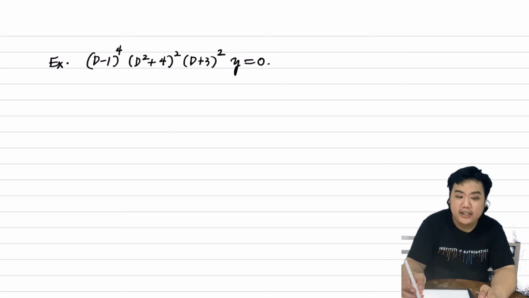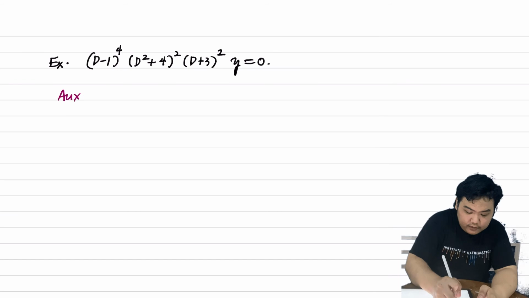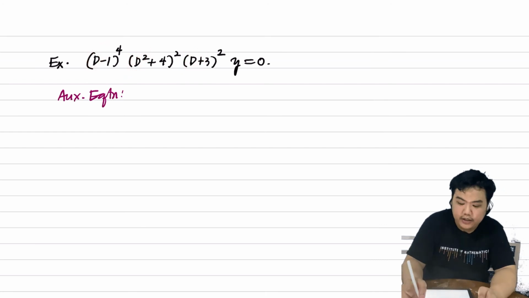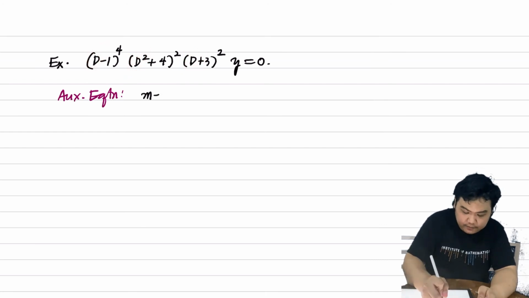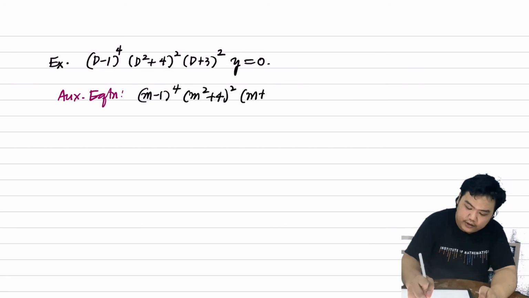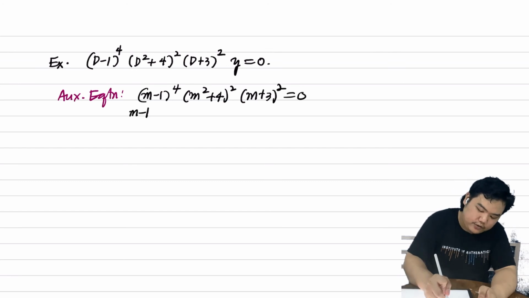Let us find the auxiliary equation. And how do you find the auxiliary equation? Replace D by m and then equate to 0. Diba ang dali kapag naka-D notation, differential notation. And then equate each factor to 0.